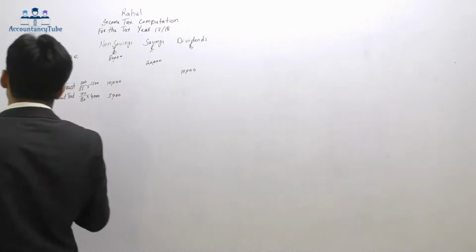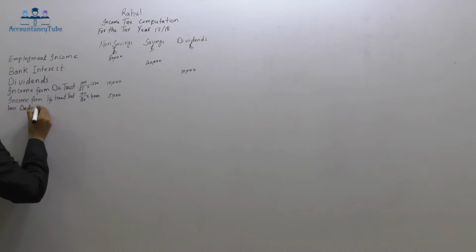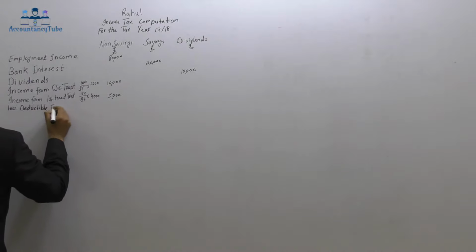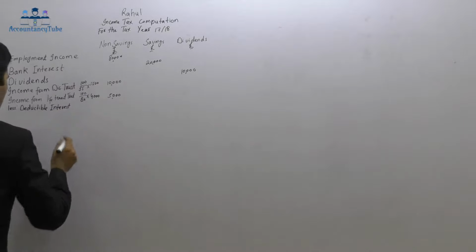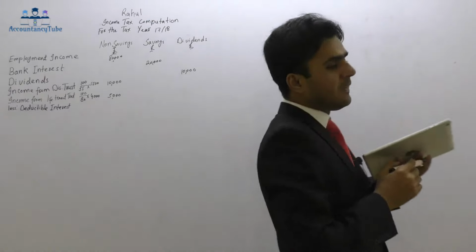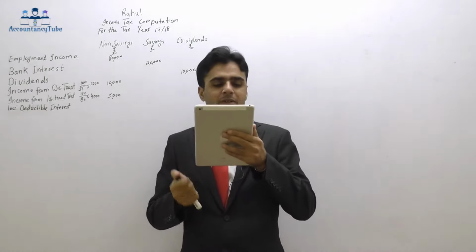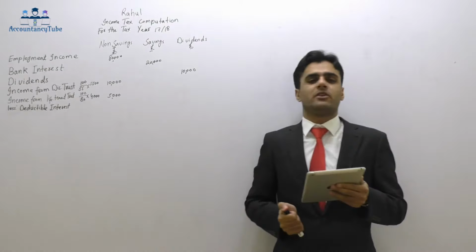Next thing to do is to deduct the deductible interest. Now what is deductible interest? We know that when we take a loan and we invest that loan for one of the purposes, for one of the projects, then interest paid on that loan is deductible interest. Now see, in the expenses it says interest paid on loan for partnership.